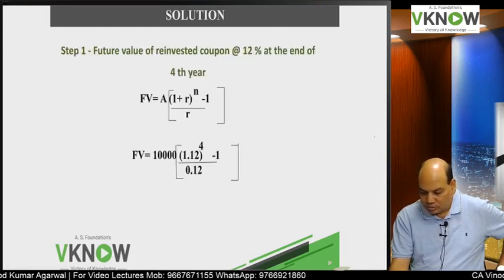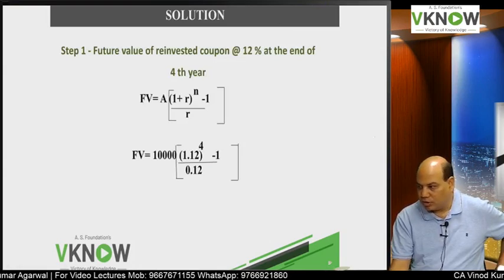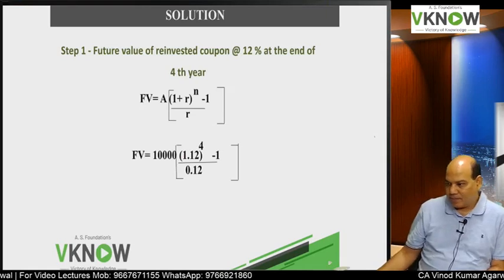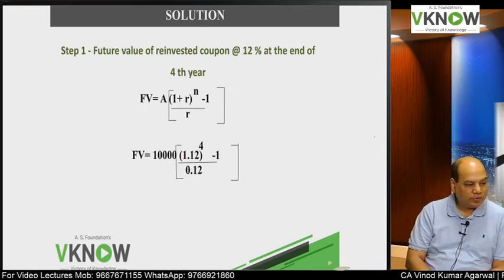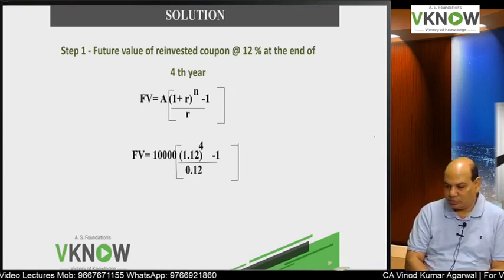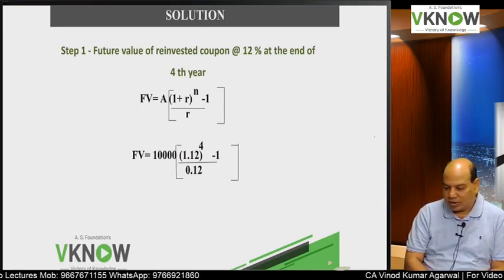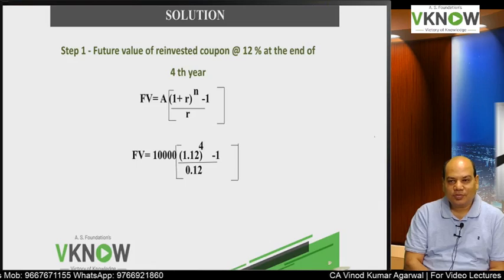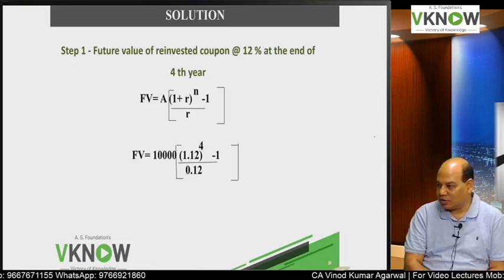Okay. So now write down step 1. Step 1 is the future value of reinvested coupons at 12% at the end of the 4th year. Everybody will answer this time. All the students will answer this time.